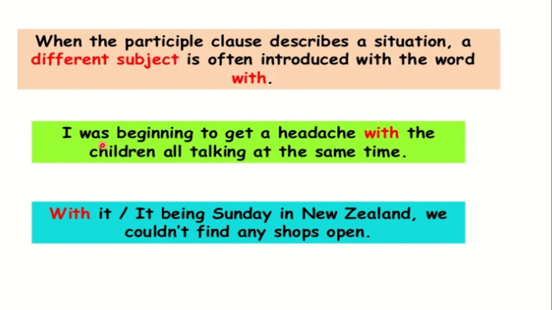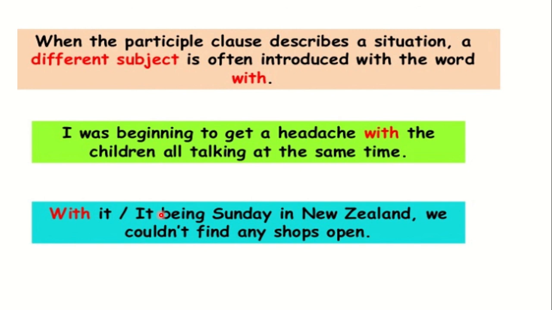I was beginning to get a headache with the children all talking at the same time. So see how to say the same sentence? Because children were talking all the time, so I started getting a headache.